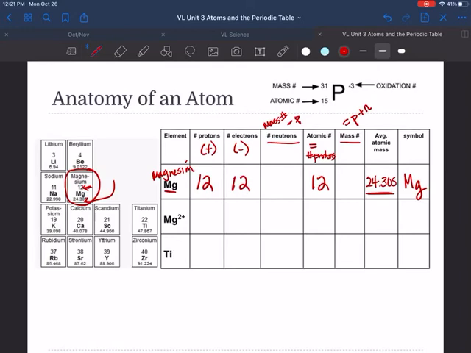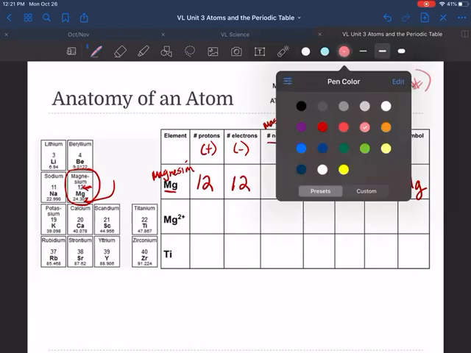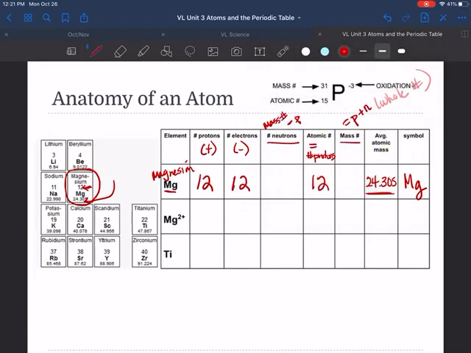Well, I can't have part of a proton. I can't have part of a neutron, which means mass number has to be a whole number. No decimal. Well, my periodic table only gives me 24.305. How am I supposed to know what the mass number is?